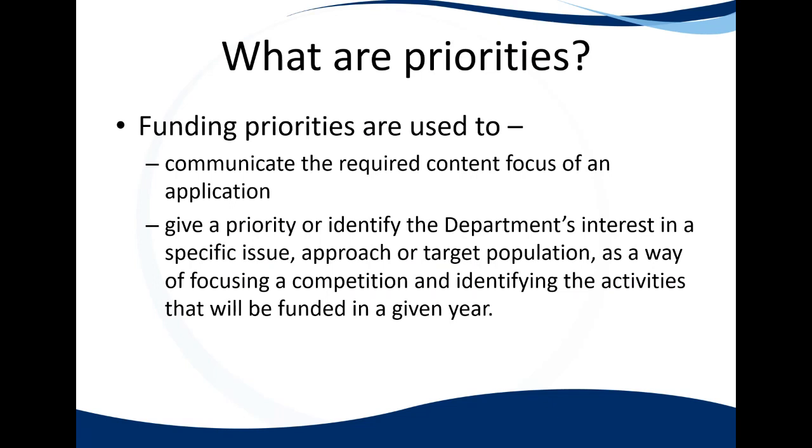So what the priorities do is narrow down the focus of what the funding can be for, but they also narrow down the focus of what the funders themselves can fund. They identify the department's or organization's interest in a specific issue.